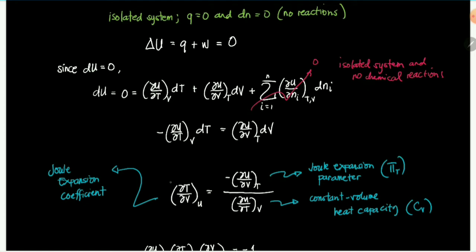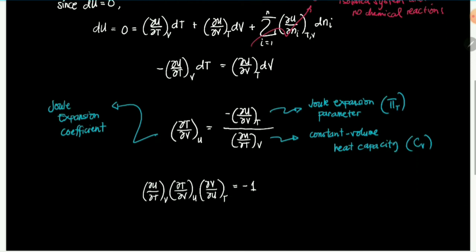So this term is the so-called Joule expansion coefficient. Okay, so you can also express this in terms of the Euler's reciprocity relationship. Okay, you can just derive this, okay, by multiplying both sides by the coefficients.